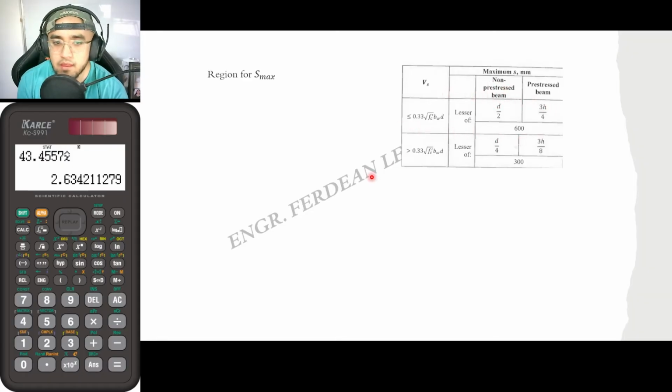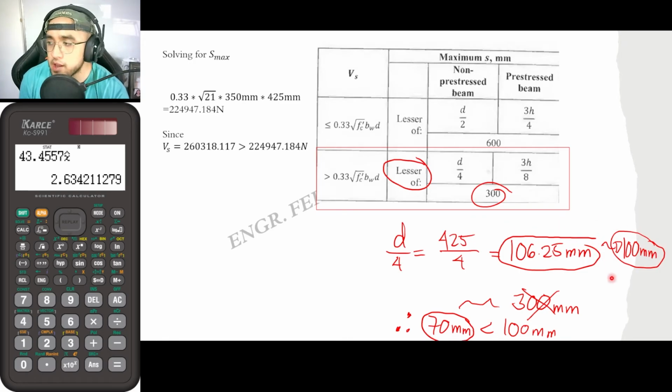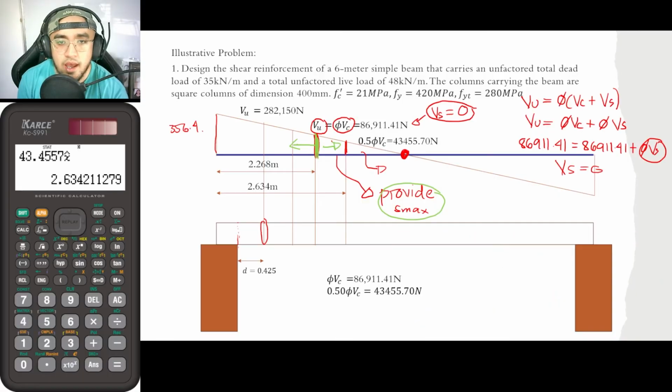If you're thinking that we would still be making use of this value of 100 mm, then you are actually mistaken. Apologies. Because in this particular region, we have stated that Vs is equal to 0.